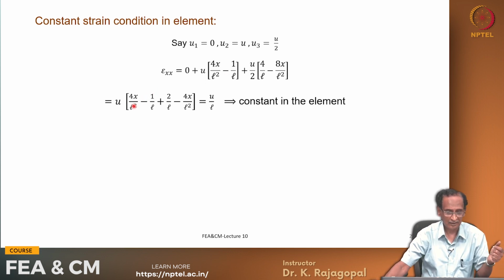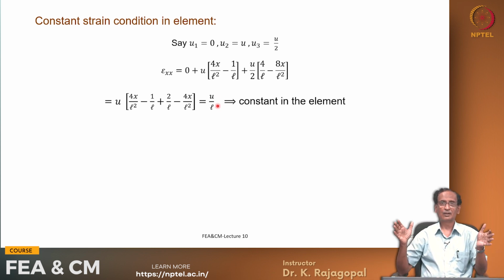If you take the total of this, epsilon xx is simply u by L, and that is constant in the element. It is not a function of x. So if your applied displacements correspond to a constant strain state, we should be able to predict a constant strain within the element.